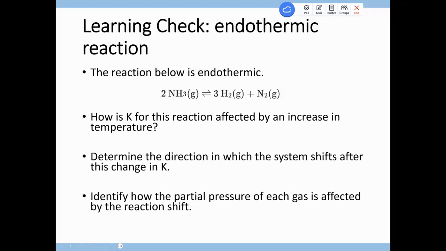All right, we have an endothermic reaction. Energy is required, or overall is absorbed by the reaction. So if we're adding energy by increasing temperature, what happens to K? What is it, Lavin? It increases. Why does it increase?